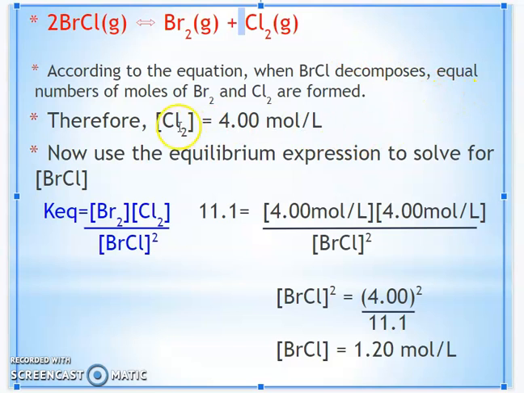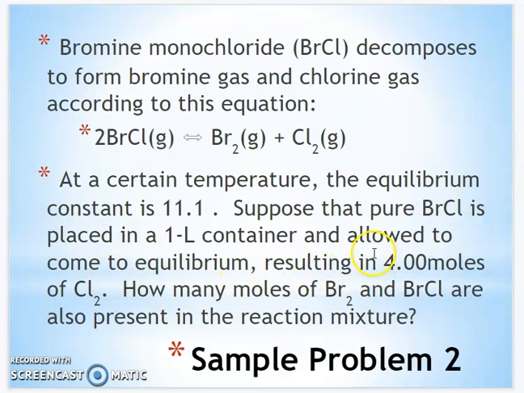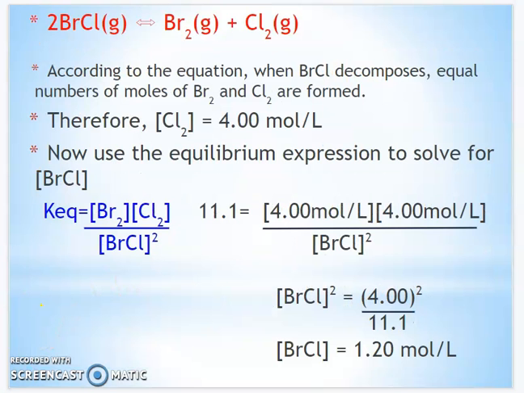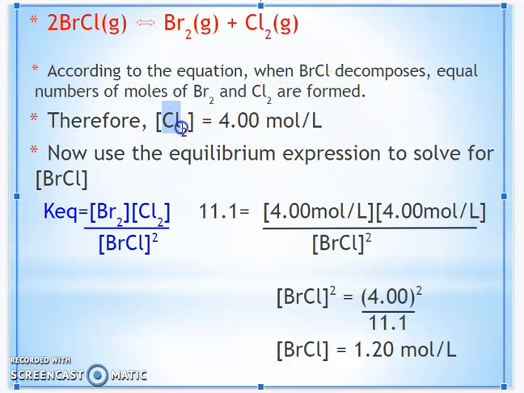So when I say that Cl2 is forming, and if we go back here, I did tell you 4 moles of Cl2 formed, and I also told you this was taking place in a 1-liter container. So your concentration of Cl2 is given to you, 4 moles in every 1 liter.